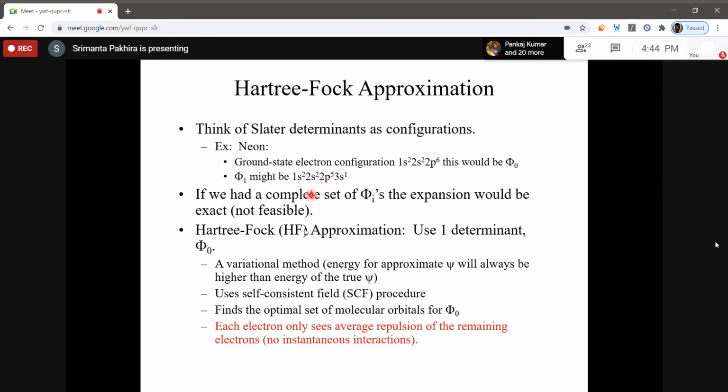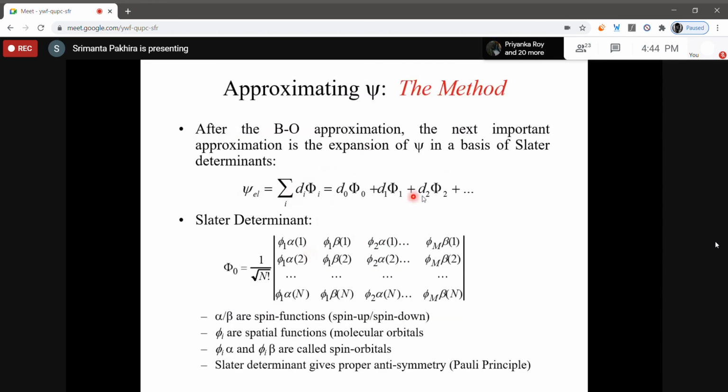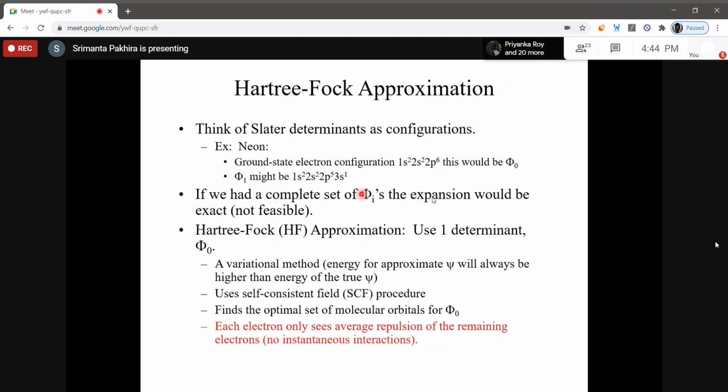If we look at all the configurations of the electrons, it is not easy to explain. Am I able to get across what I mean? Let's say the ground state configuration of neon is 1s2, 2s2, 2p6, and this is your phi 0. If I write down the next ones, phi 1, phi 2, the wave functions should be different. In the wave function associated with phi 1, instead of p6, one electron from the p orbital goes to the next s orbital, 3s.